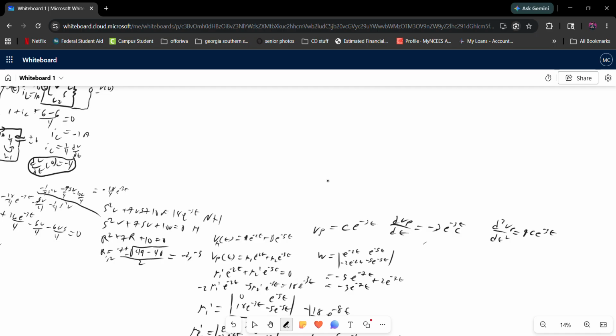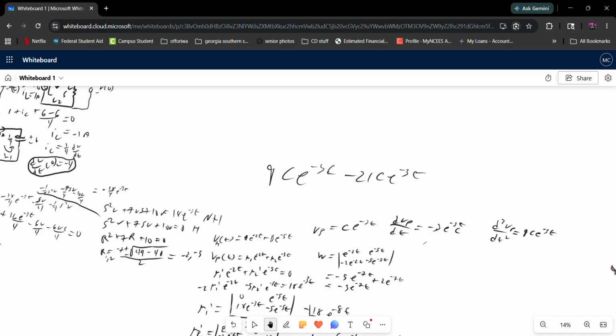Zoom out a little bit. So this is our non-homogeneous equation. So we're going to plug in. We have 9c e to the negative 3t plus 7 times that, which would not be a plus at that point. So that would be a minus 21c e to the negative 3t.